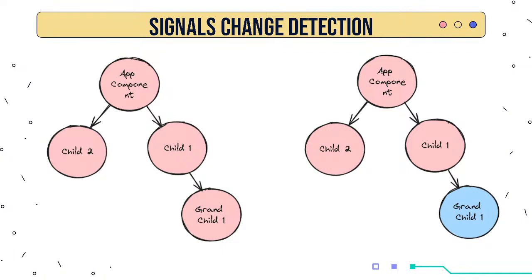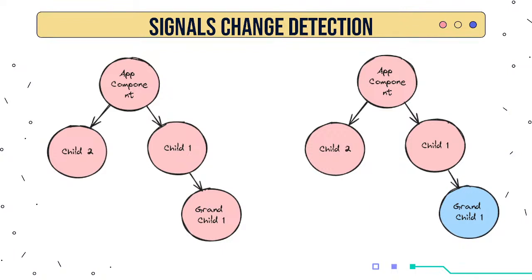Definitely this gives pretty awesome performance to the application, because we are not re-rendering the whole component hierarchy. Instead, we are rendering only the specific component where the actual state changed. This is pretty awesome, right? That's why we are using signals.